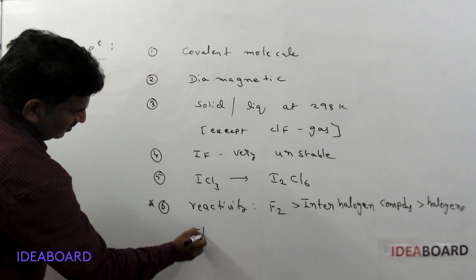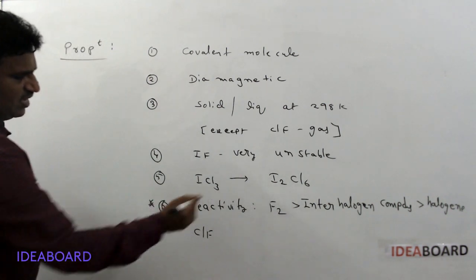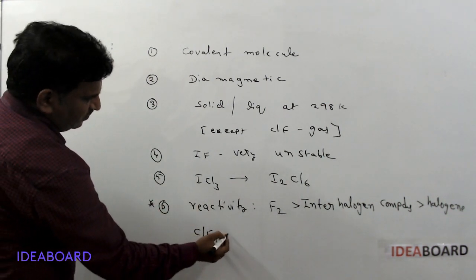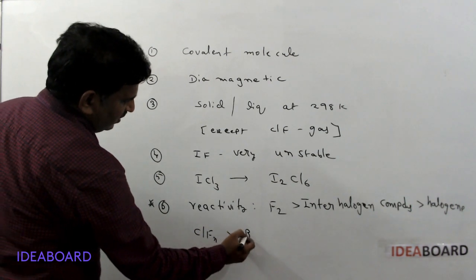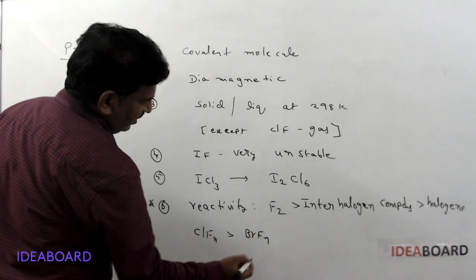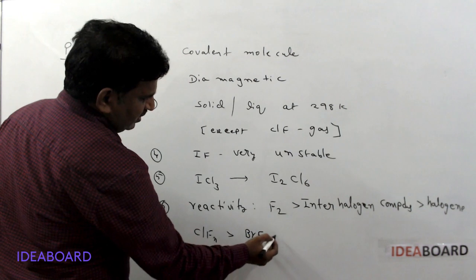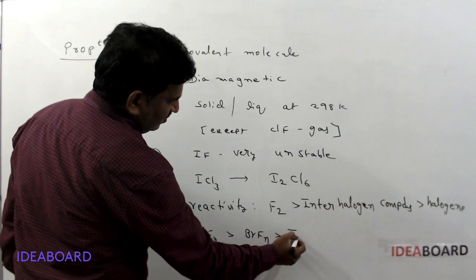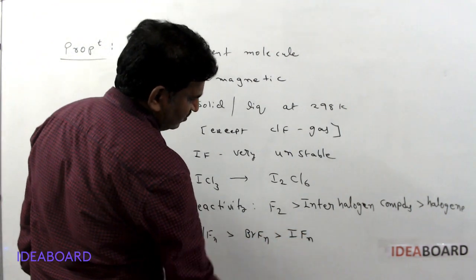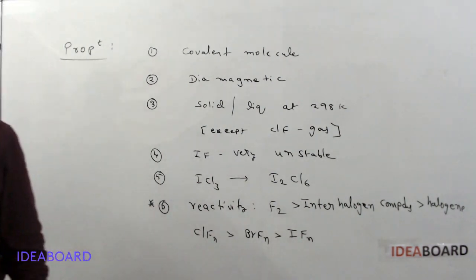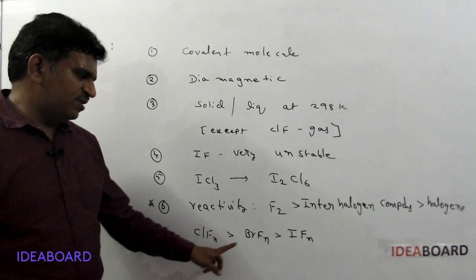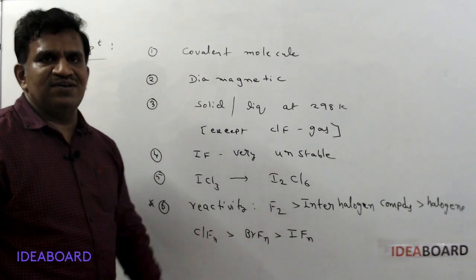And suppose you are taking the reactivity of different halogens: ClFn is more reactive than BrFn, which is more reactive than IFn. Okay, ClFn is more reactive than BrFn and IFn.